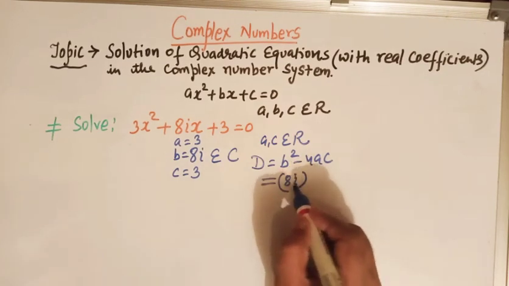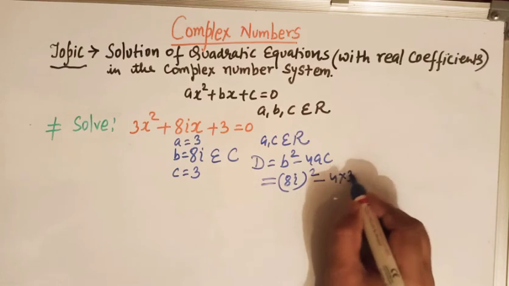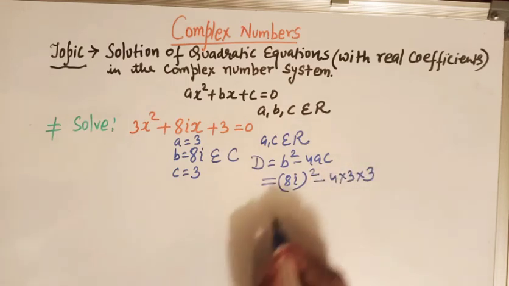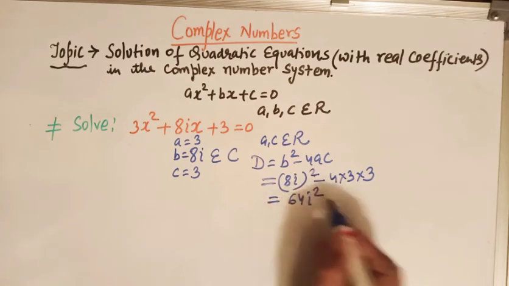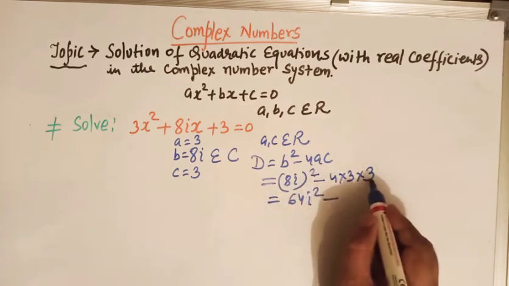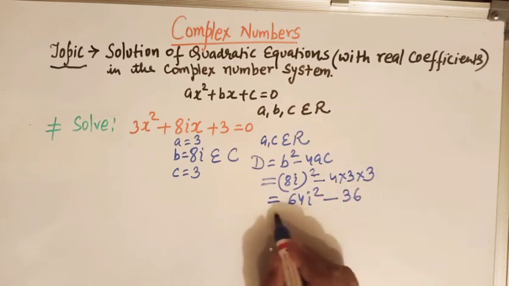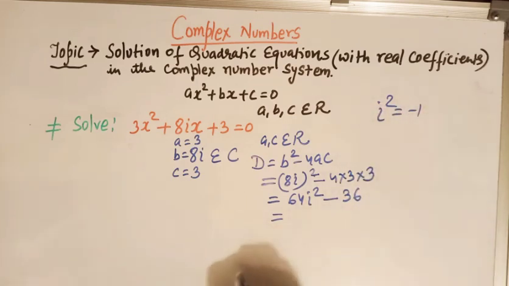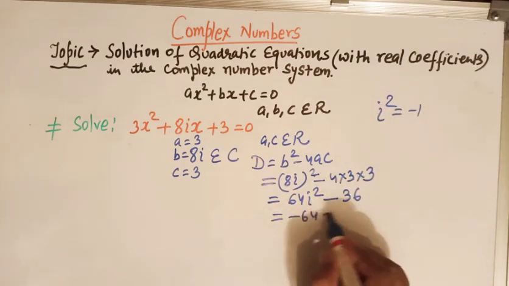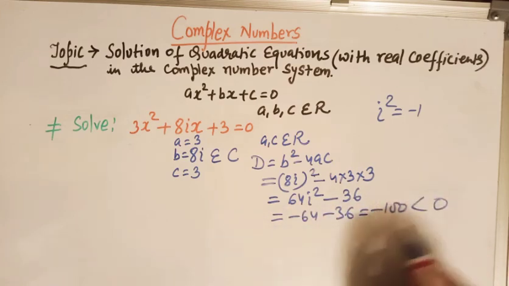So this is 8i whole square minus 4 times 3 times 3. So this is 64 iota square, and this is 36, right? And we know that iota square is minus 1, so we have minus 64 minus 36, that is minus 100, which is less than 0.